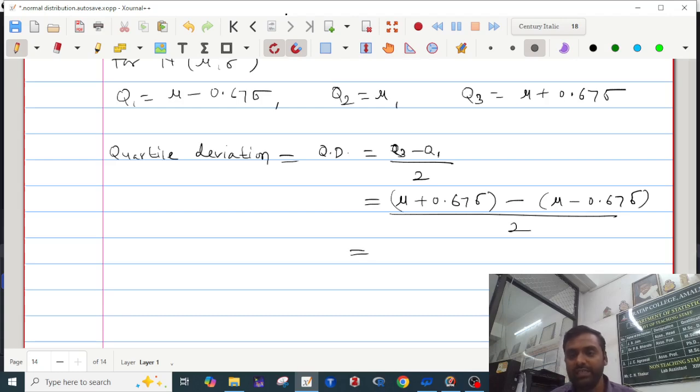So this mu gets cancelled. 2 times 0.67 sigma divided by 2, 2 gets cancelled. Answer is 0.67 sigma.